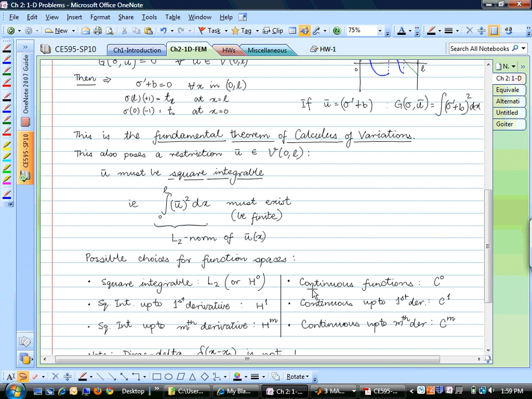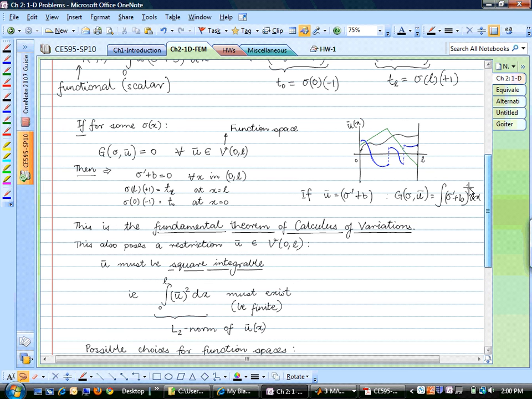You could also take a function that is continuous. These continuous functions are denoted with C0. The 0 actually denotes the derivative of that function. So what we are saying is that the derivatives up to order 0 are continuous. These continuous functions are a subset of square integrable functions, and this is apparent also from here.